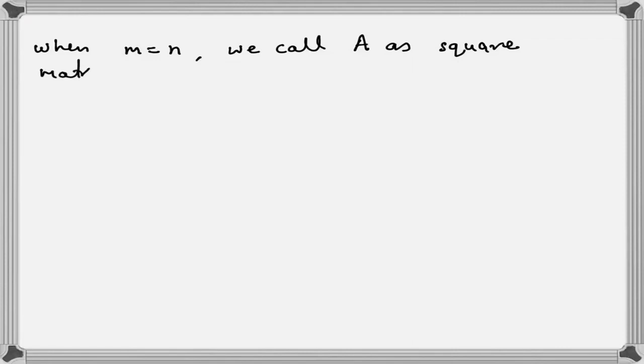So when M is equal to N, then we call A a square matrix. Suppose A is an N cross N square matrix.